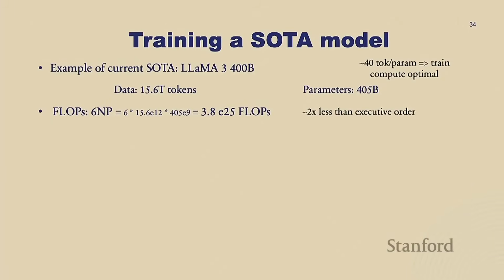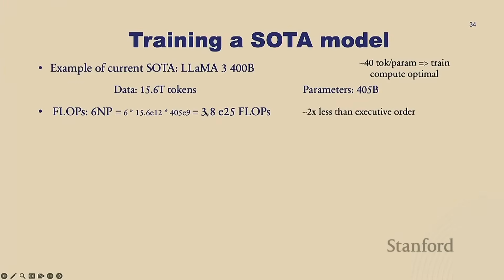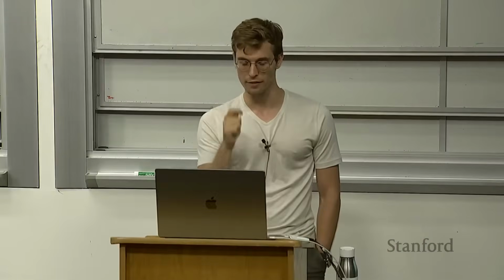Flops for this model. One simple way to compute flops is 6 times the number of parameters times the number of data that you train on. So if you do the simple calculation here, it's 3.8E25 flops. The reason why this is important is that if you followed the news a little bit, there's an executive order from Biden that basically says that once you have 1E26 flops, you have special scrutiny on your models.